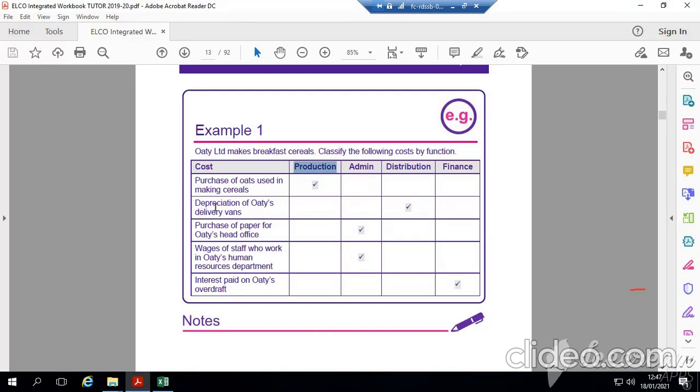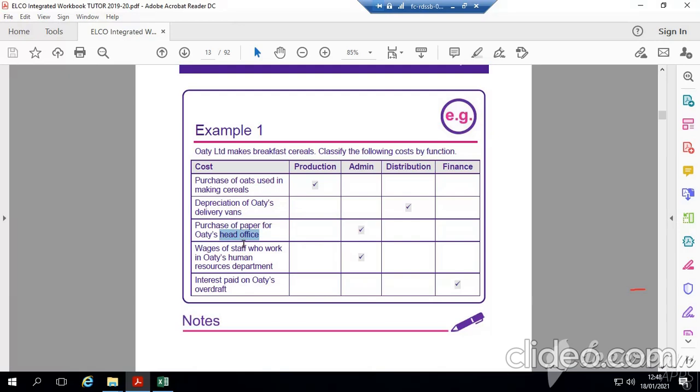Depreciation on delivery van: delivery is relating to distribution of product. Then it says purchase of paper for the head office. Who is working in the head office? Usually the admin.